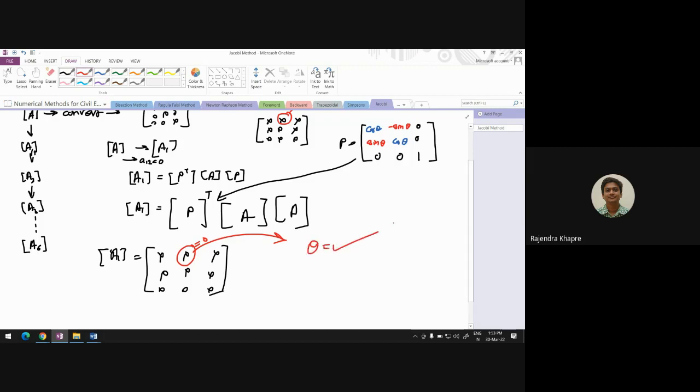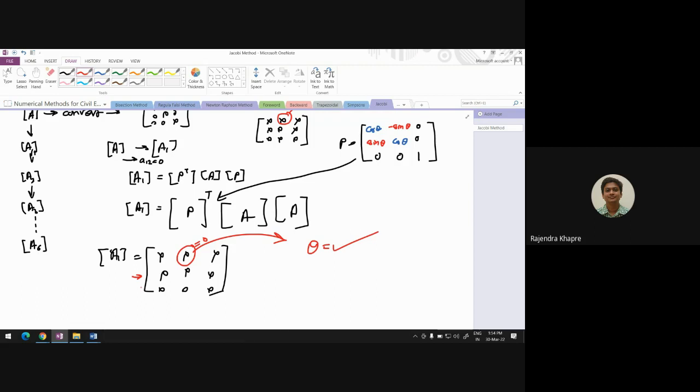Correct? Once the theta value is known, you can substitute the theta value in this particular expression and you can get the A1 term. Now in the A1 term, location 1 2 will be 0.